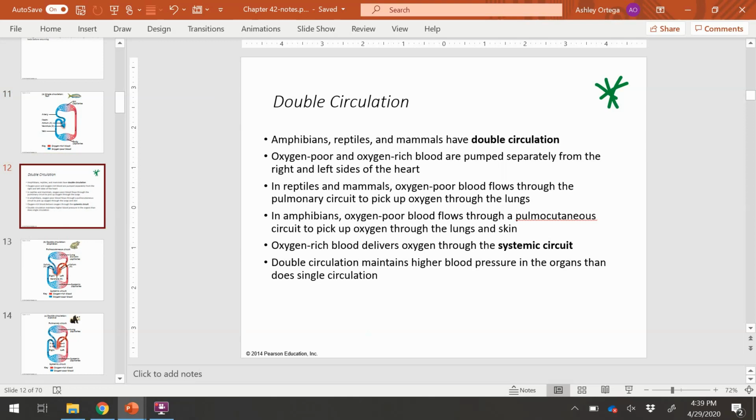As in that single circulation, the blood pressure drops significantly going through the capillaries. Anytime blood has to go through the capillaries, the blood pressure will drop. And so it drops significantly getting to the gills, and then again going through the body capillaries.